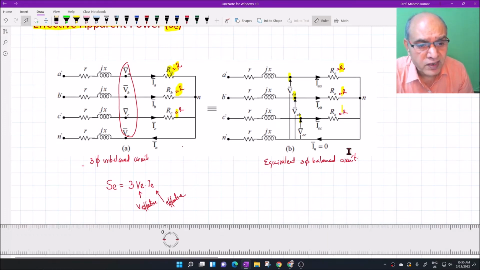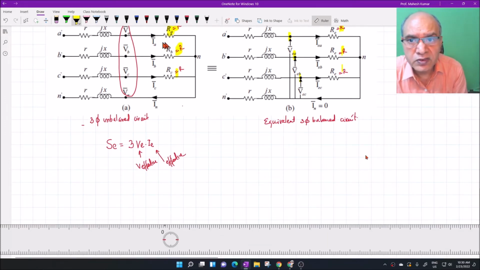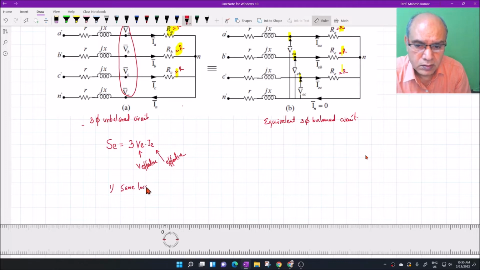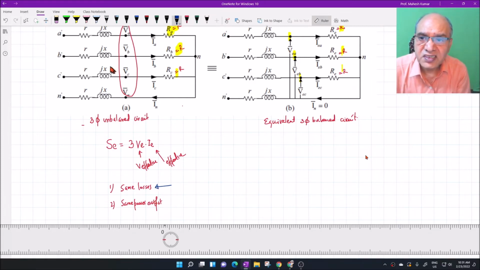Now we will compare these two circuits based on two criteria. Number one, same losses, and number two, same power output. If we take the same losses, what will be the losses in this unbalanced circuit?